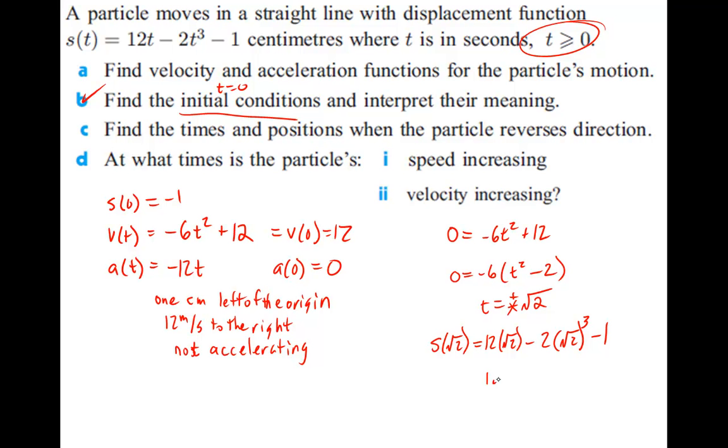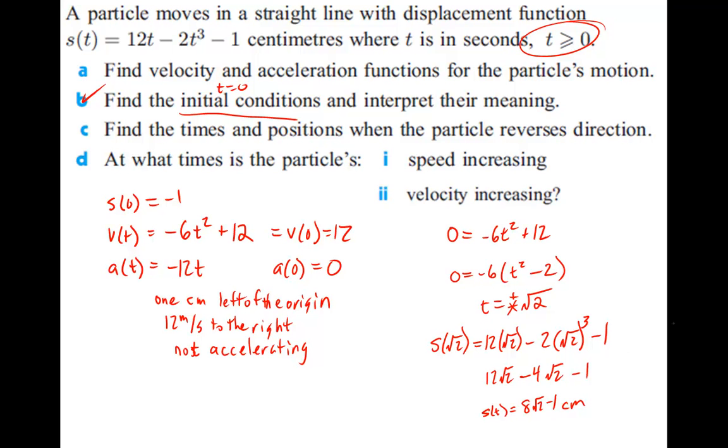So I've got 12 root 2 minus 4 root 2, because root 2 squared is 2, so I multiplied it by the 2 and still have one root 2 left, and then minus 1. So the final answer of 8 root 2 minus 1 is my position. If you have a calculator, you could work that out, but chances are you won't, so you can just leave it as 8 root 2 minus 1 centimeters.